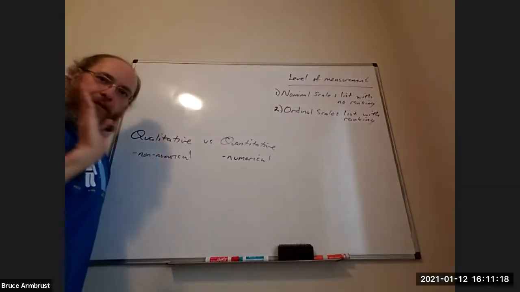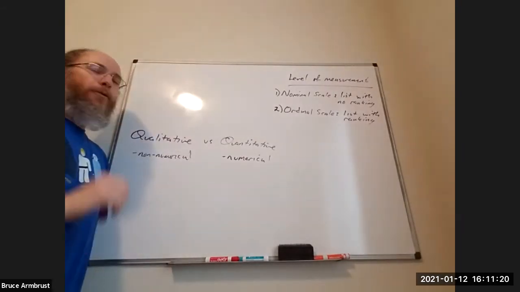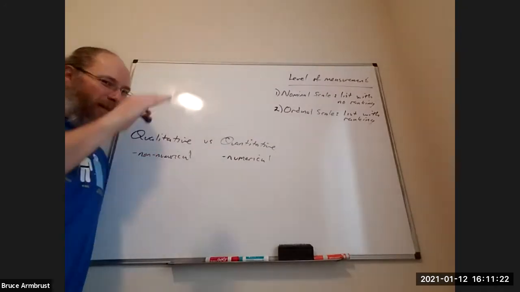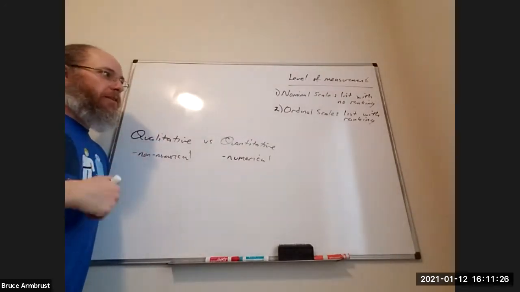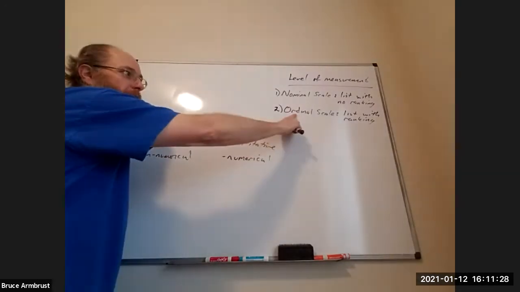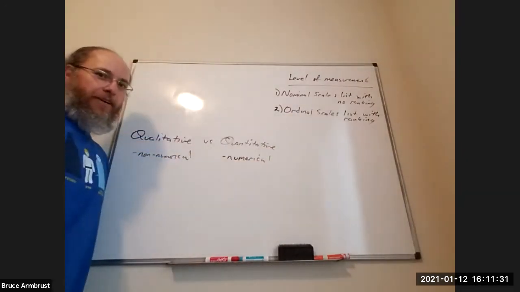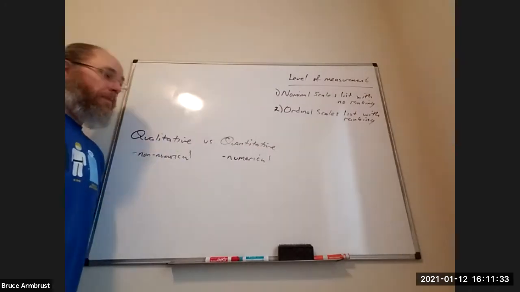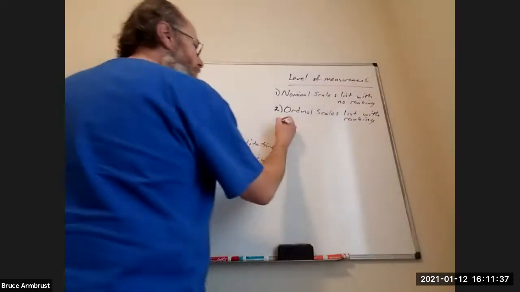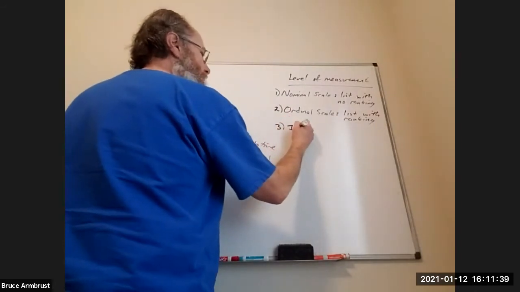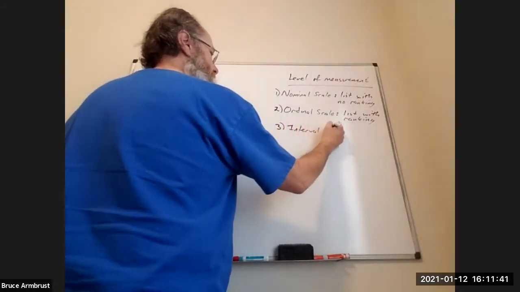Okay, so nominal is just a list. Ordinal is a list, but there's a hierarchy. There's some sort of an order. Ordinal scale. Use the words to help you. All right, so you can have ordinal scale. You can also have what's called an interval scale.